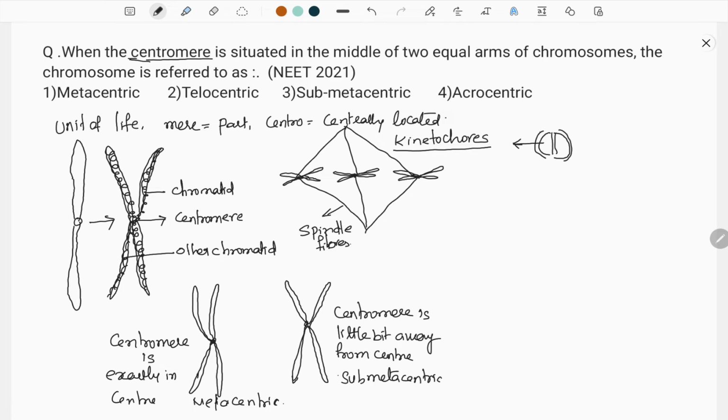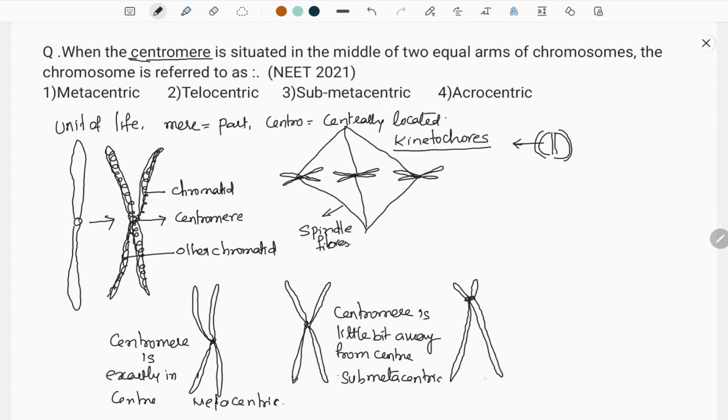The next type that you see is called acrocentric. In acrocentric, the centromere is almost at the terminal, not in the center or slightly away from center, but very much away from center, forming too much unequal arms, that is a long chromatid and a short chromatid. This is the longest chromatid, this is the shortest chromatid.